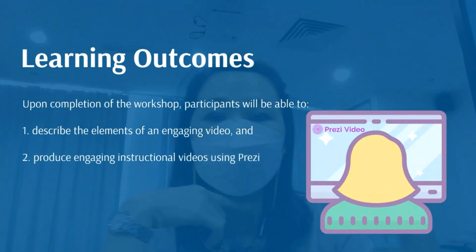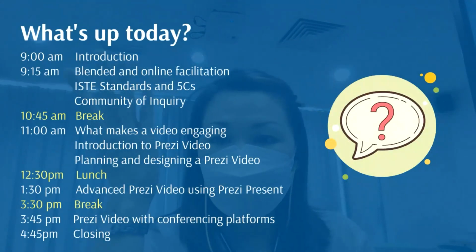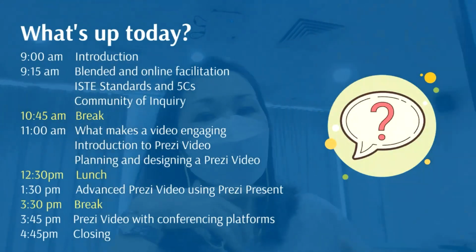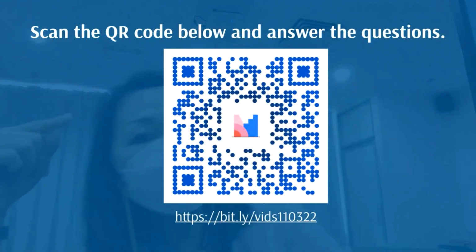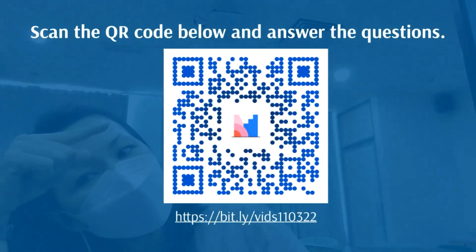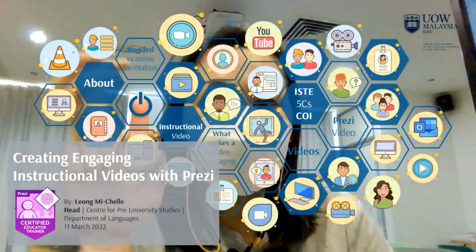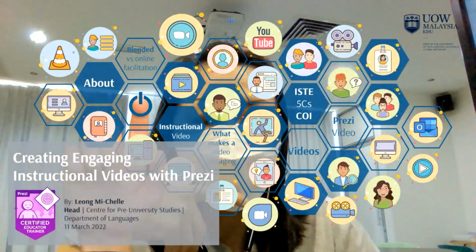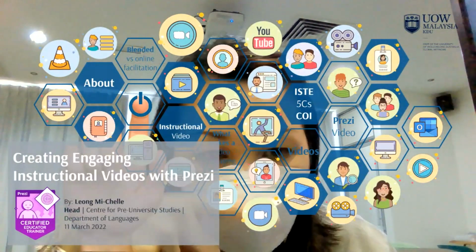These are our learning outcomes of today. Then this is our agenda for today. Now I'd like you to scan this QR code here. So this is basically how it is in Prezi video. You clear? So that's the difference.